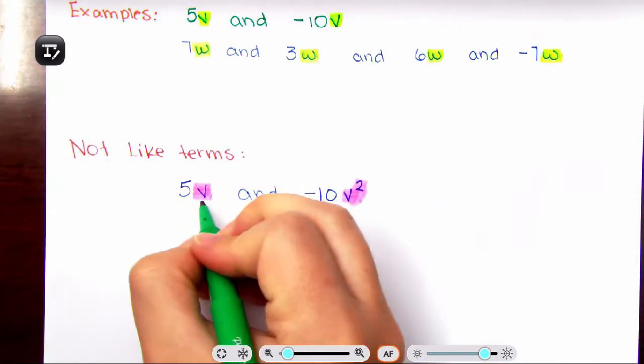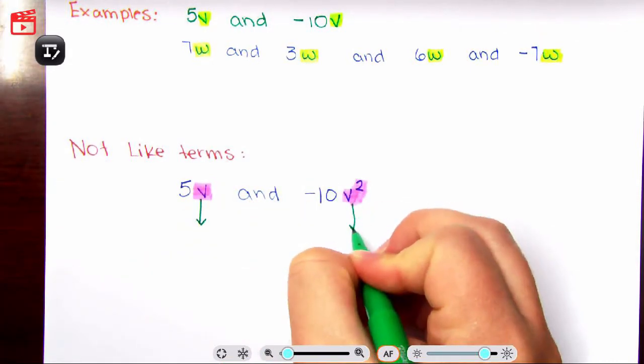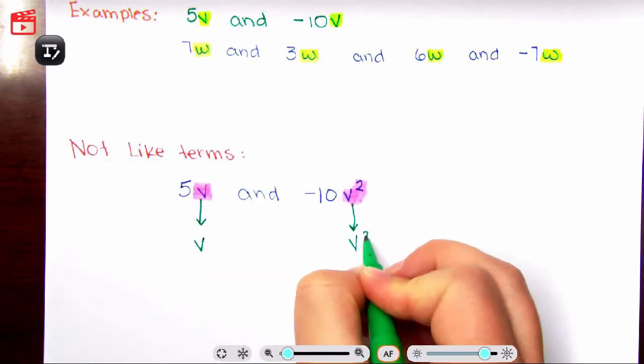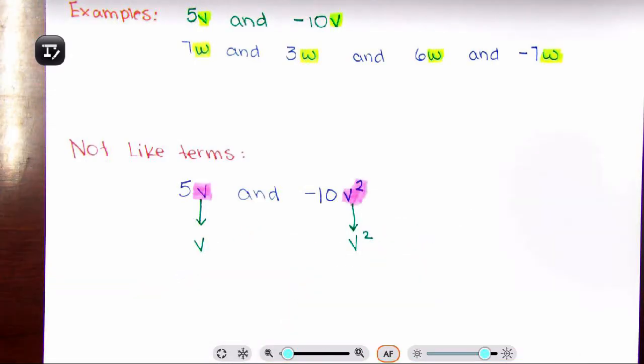So this is v, this is v squared. They are different, therefore they are not like terms.